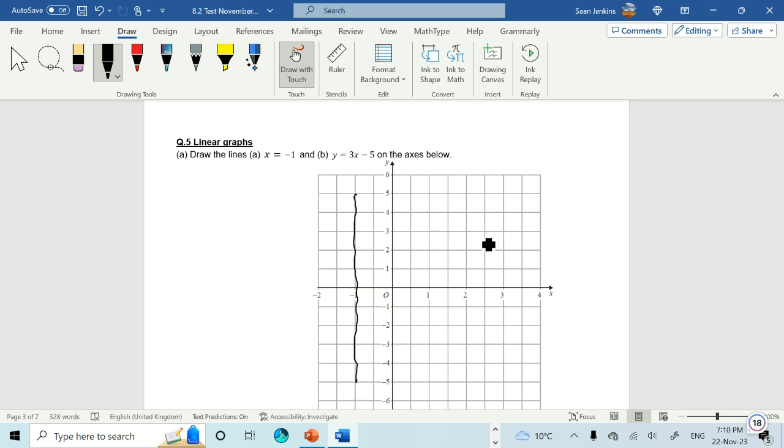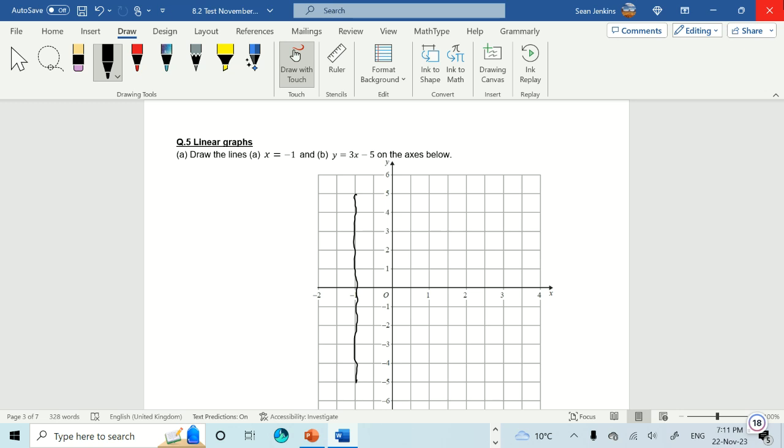And b, y is equal to 3x minus 5. Well, I know that minus 5 is one point on the line, because in terms of y is equal to mx plus c, minus 5 is c, which means the y-intercept. So how do I go about finding points on the line?